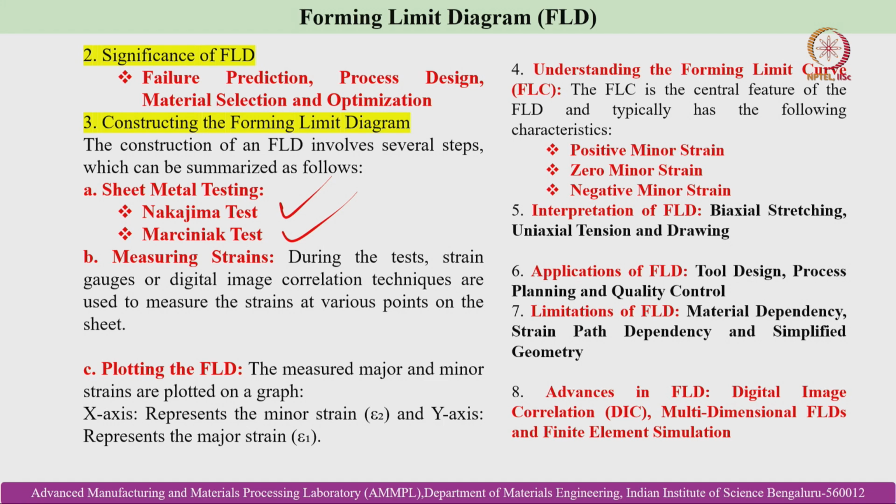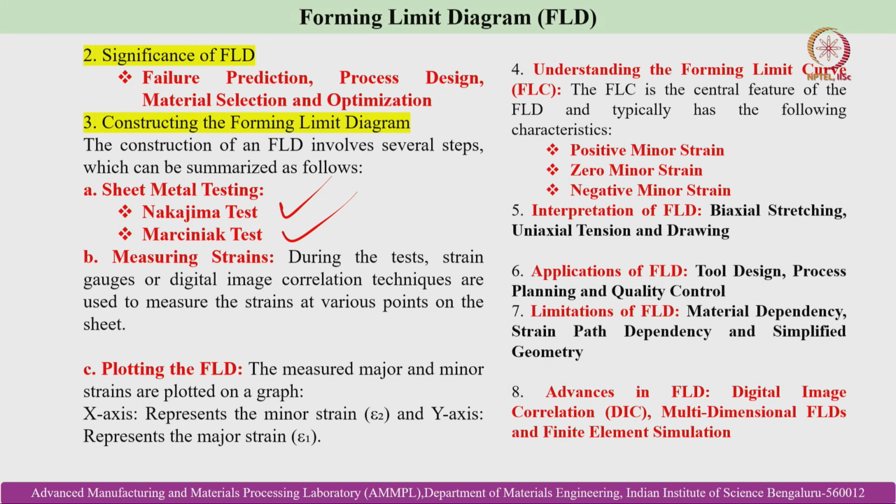Number two is measuring strains. During the tests, strain gauges or digital image correlation techniques are generally used to measure the strain values at different points on the sheet. Then comes plotting the FLD. The major and minor strains are plotted on a graph, where the x axis represents the minor strain and the y axis represents the major strain.